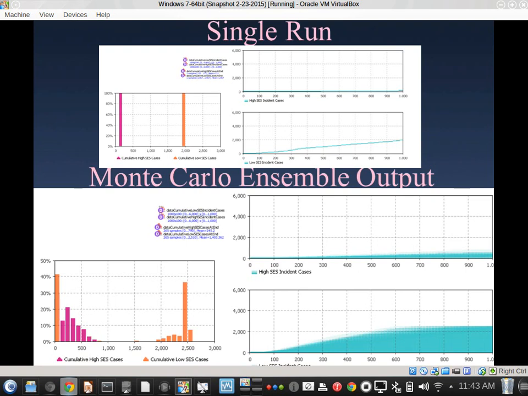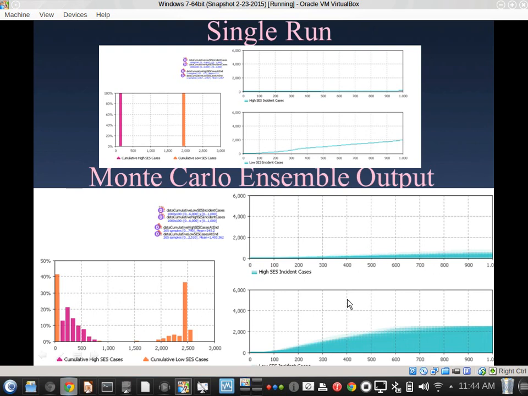And each time we get a slightly different result, but we'll see some general patterns coming out. For example, here, the number of cases among low SES individuals is far higher than the number of cases among high SES individuals. But in both cases, you can get very low numbers in some cases. In some cases, you have almost none. But here's the sort of distribution with some heavy tail over there. So it's kind of bimodal in its components.